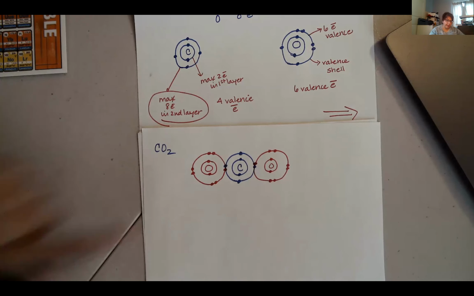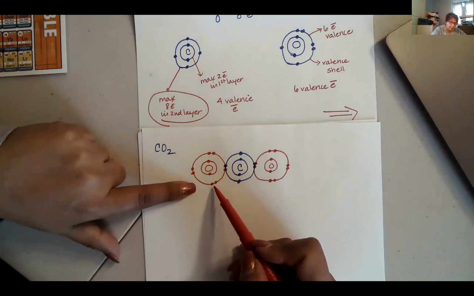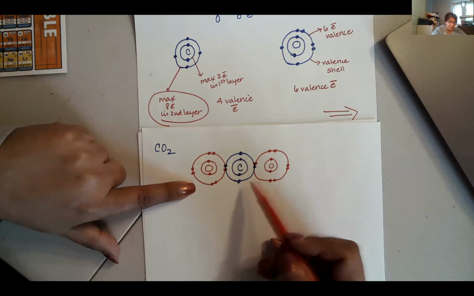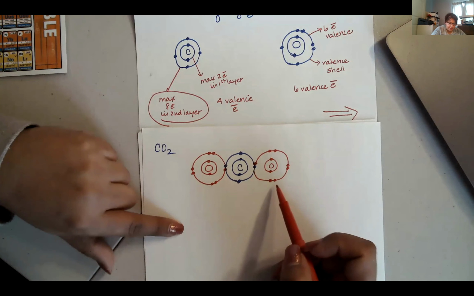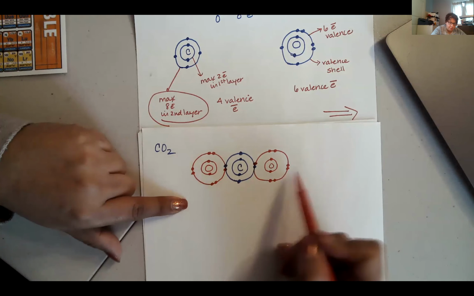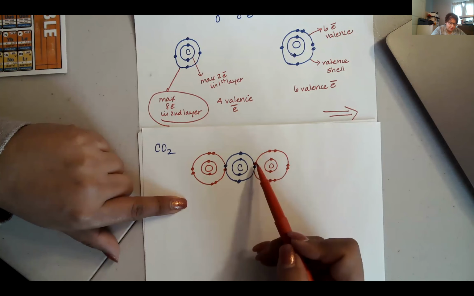So when we look at our diagram, what I did was I drew oxygen, and I drew the other oxygen with carbon in the middle, but I kind of pushed them together. And if you count the red dots, which is my oxygen, I still have 1, 2, 3, 4, 5, 6. Where did I get all these 7, 8s from? Oops, I got too many. You know what?